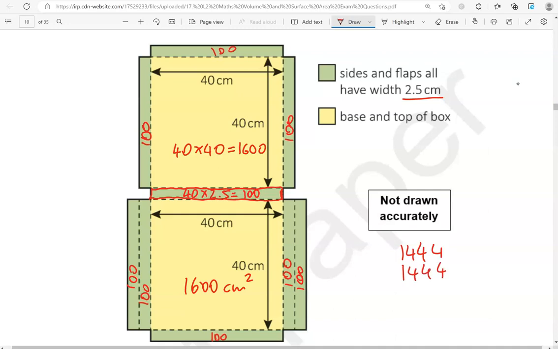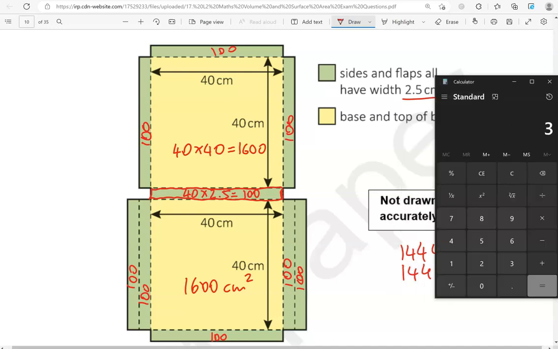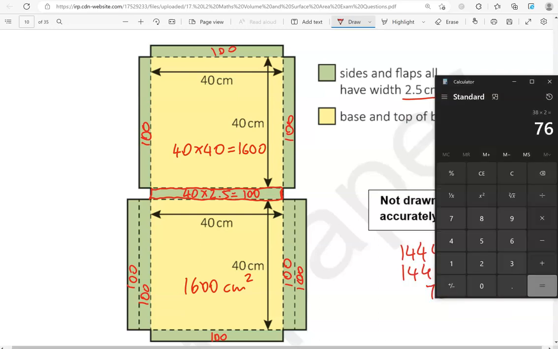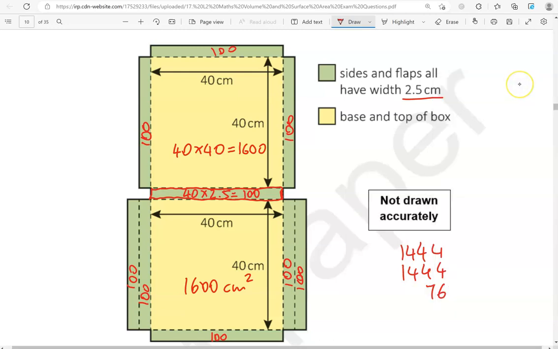And then we've got these sides and the flaps. So each of them will be 38 times 2, which is 76. Now that is 9 of them, so 76 times 9 gives us 684.